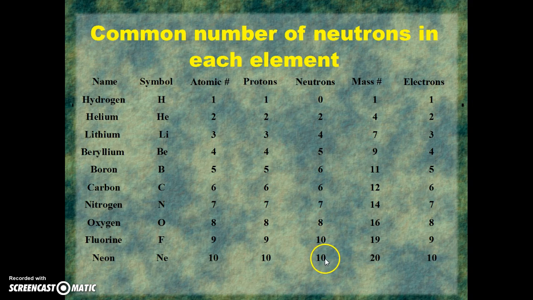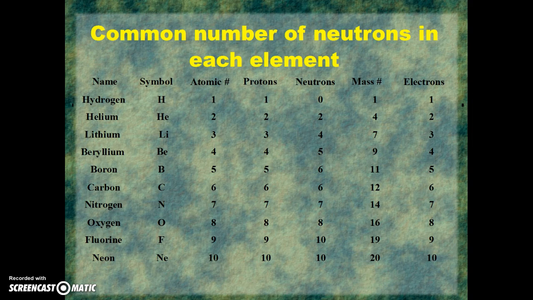As the atomic number goes up, what appears to be happening in general to the number of neutrons? Well, they're going up. And when we add the atomic number, the number of protons, to the number of neutrons, we get the mass number of that particular variety of that element.